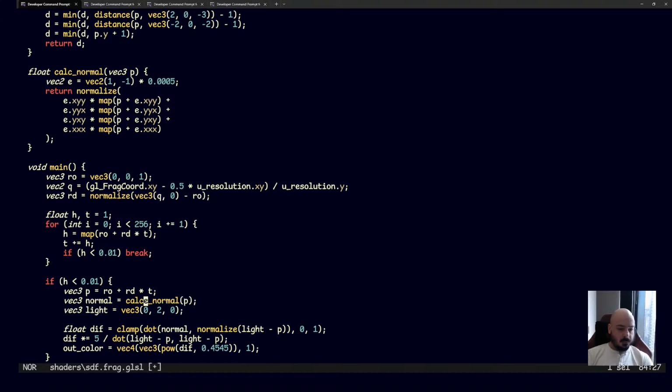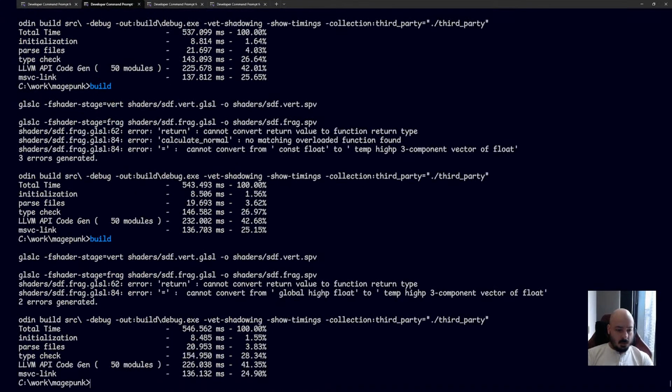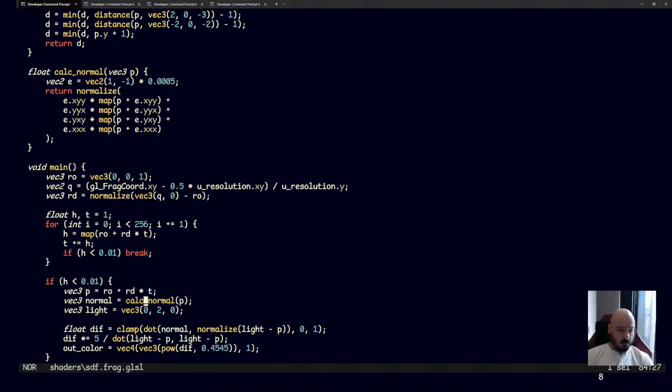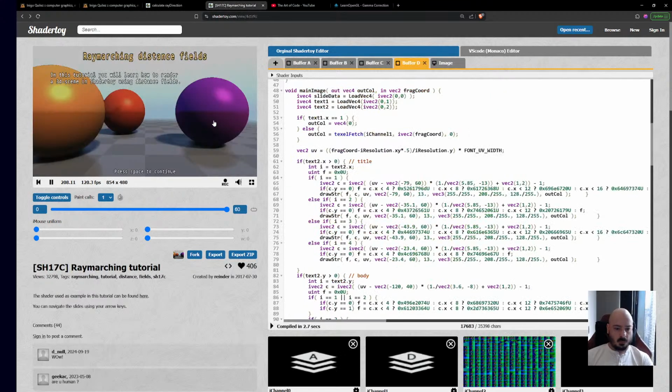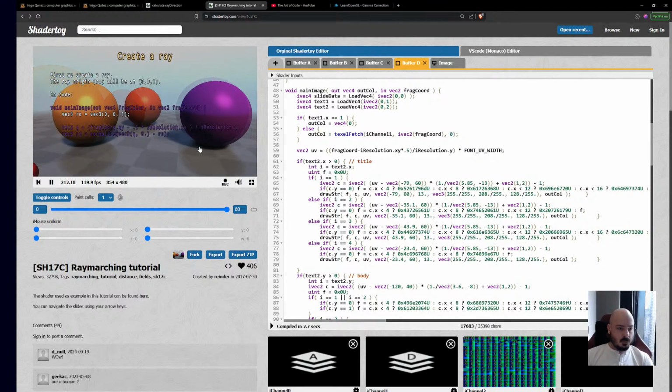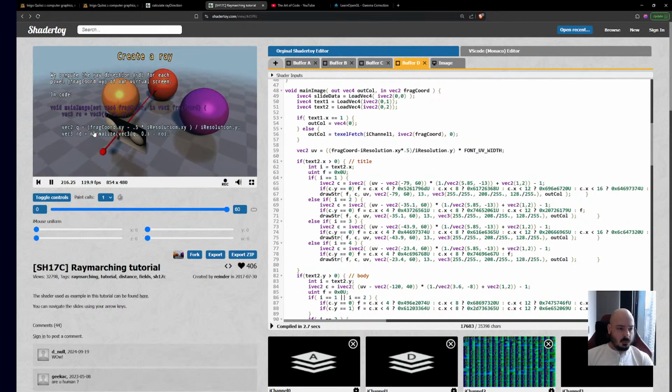Alright. Well, that's one problem. And also, this returns a vec. What does this return actually? Okay, I've got our main image.